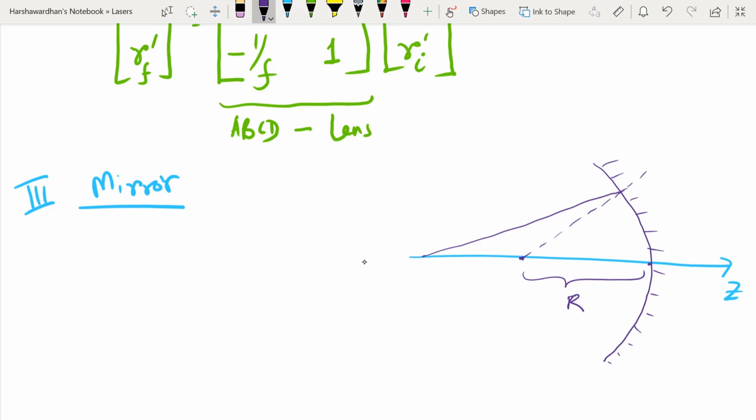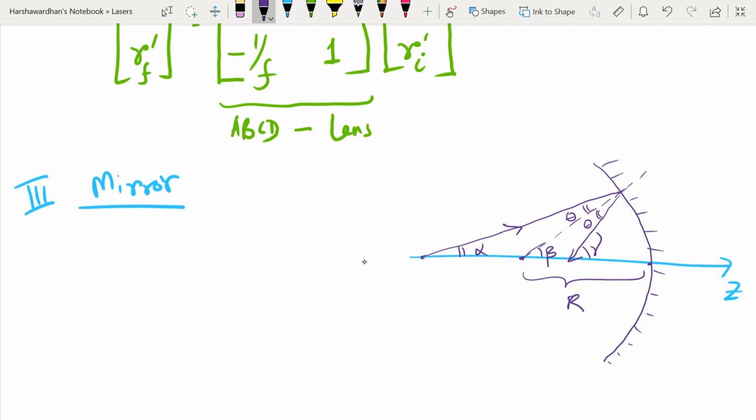If I come in with a ray like that, the angle of incidence is going to be equal to the angle of reflection. Let me call these angles alpha, let me call this central angle beta, and let me call this angle gamma, right?